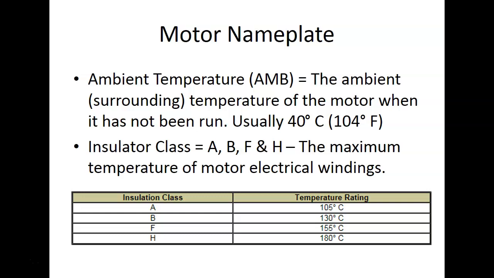A Class F motor would have this, and a Class H would have that. Usually, every motor I've seen for a long time is 40 degrees centigrade. The motor, okay? This makes sense? Yes, no?